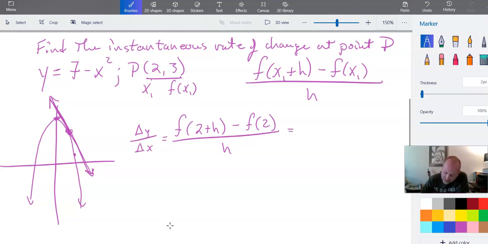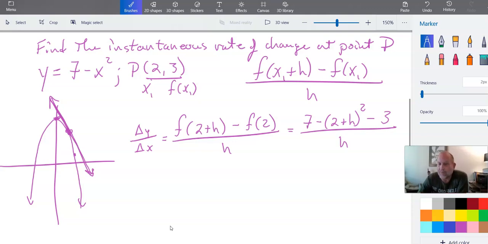We're not going to have to deal so much with the f of 2 because we know that's equal to 3. That's actually given to us already. But f of 2 plus h will be 7 minus (2 plus h) squared. And then f of 2 is 3, so this is minus 3. And the whole business is over h.